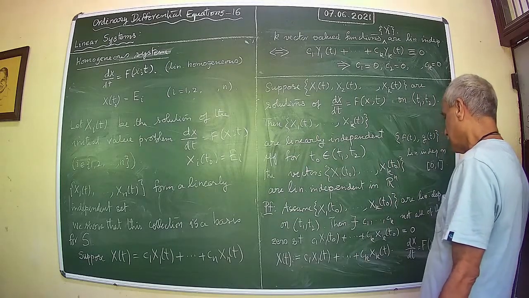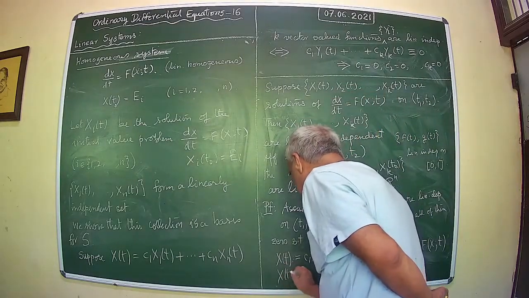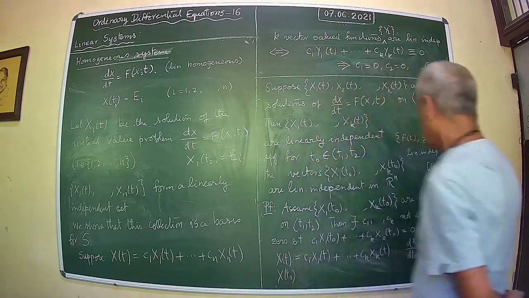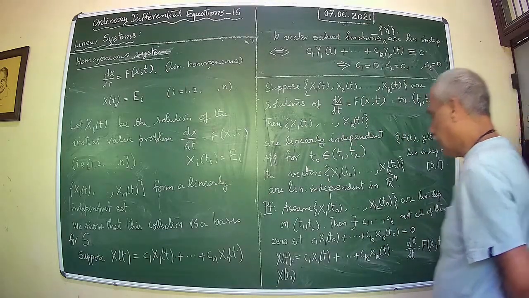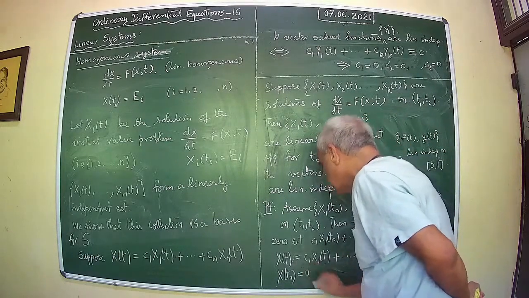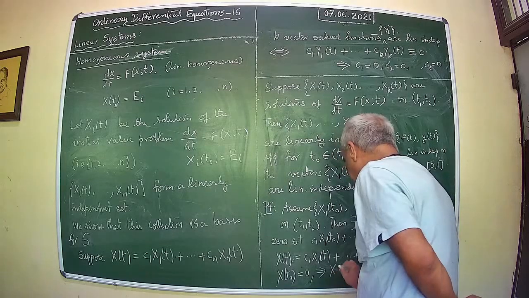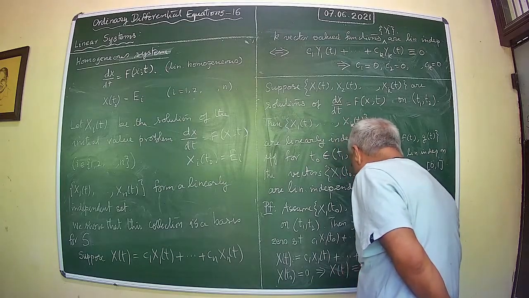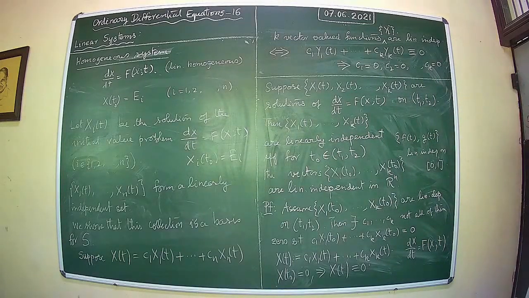Yes, x(t0) equal to 0 implies x(t) is identically equal to 0. Why is it so?